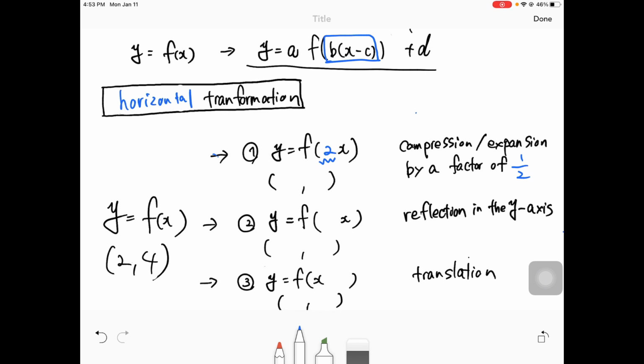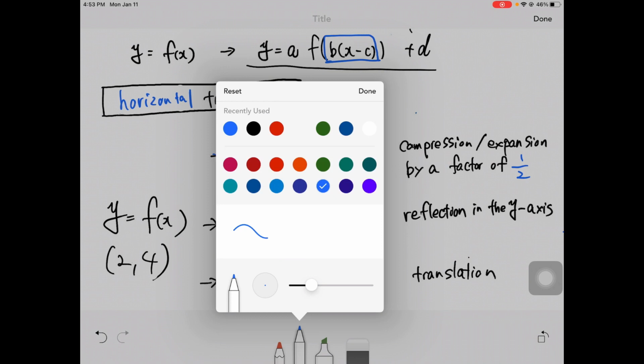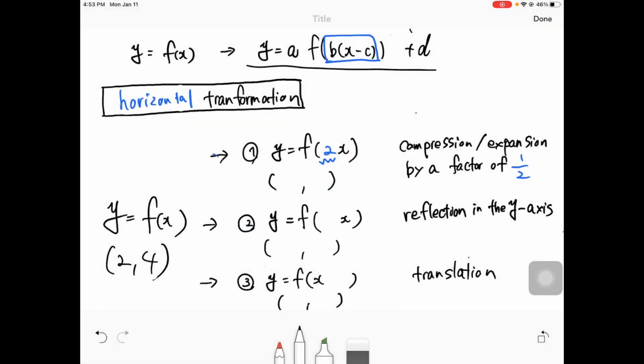On the other hand, if the value is smaller than 1, it's going to be horizontal expansion. And here it's all horizontal transformations. This means you don't need to change y value from here. So you can put 4 in all y values in horizontal transformations.